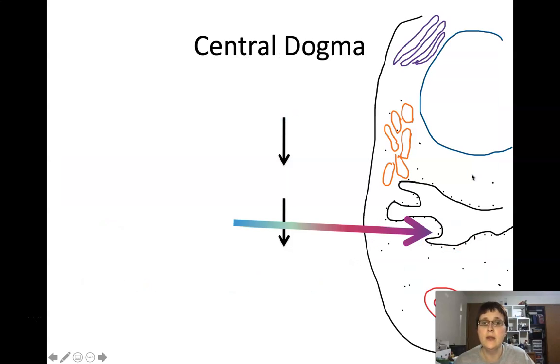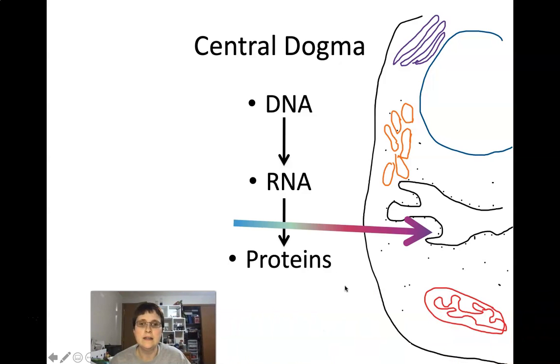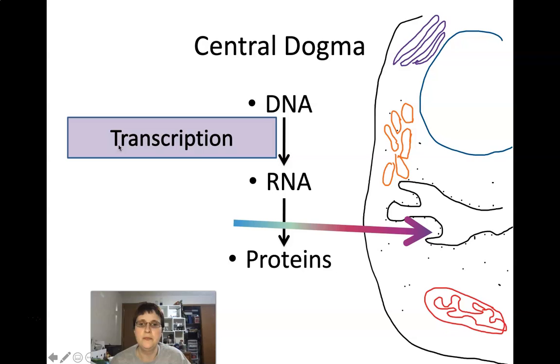Okay. So let's go back over here to our central dogma. That arrow is not supposed to be there yet. So remember, we started with our DNA, then went to RNA, then went to proteins. So now let's fill in some. We've now got transcription. Transcription is the step between DNA and RNA, and that happens in the nucleus, right?